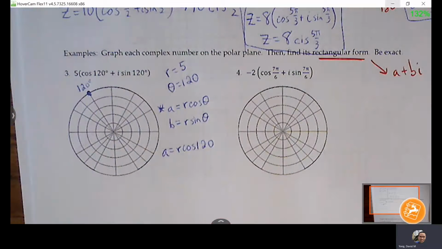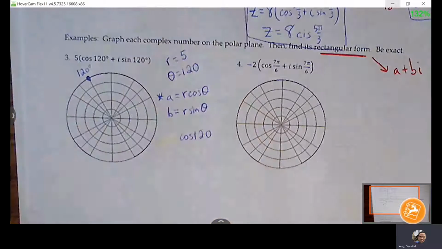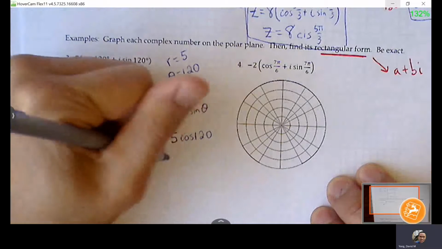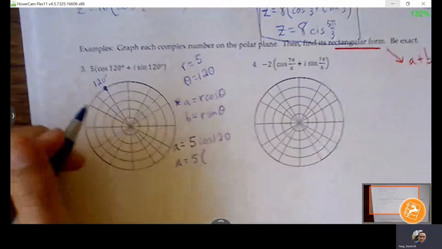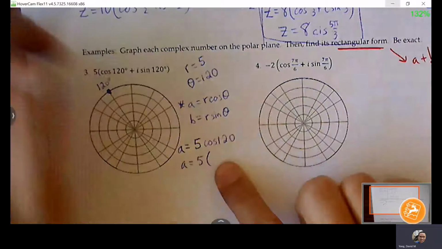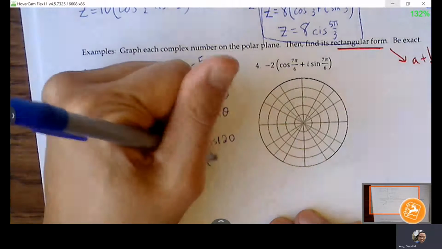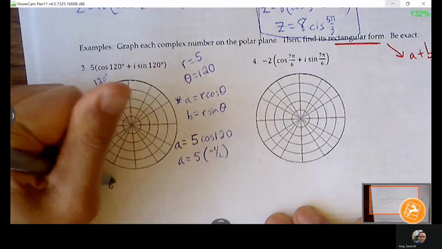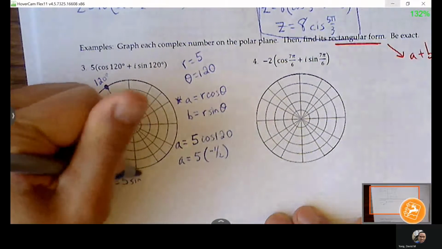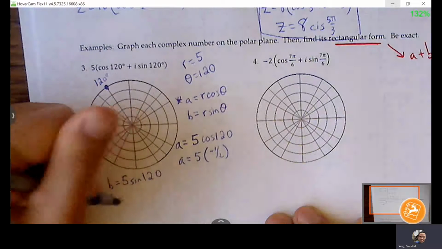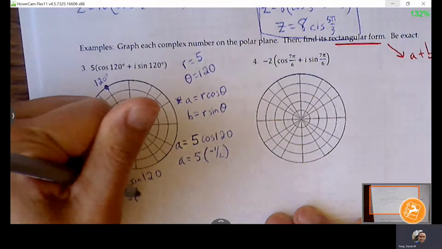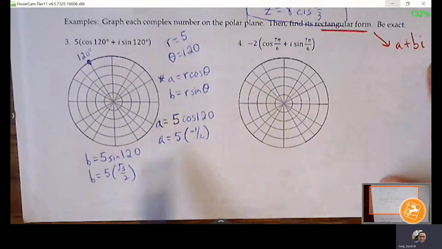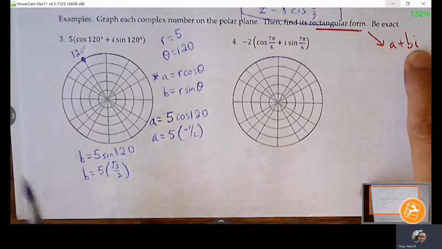I should start inserting that in. Use your calculator or just use your unit circle knowledge. Cosine is going to be negative in the second quadrant. Sine is going to be positive in the second quadrant. So there's my A, there's my B. I'll put it in that form of a plus bi.